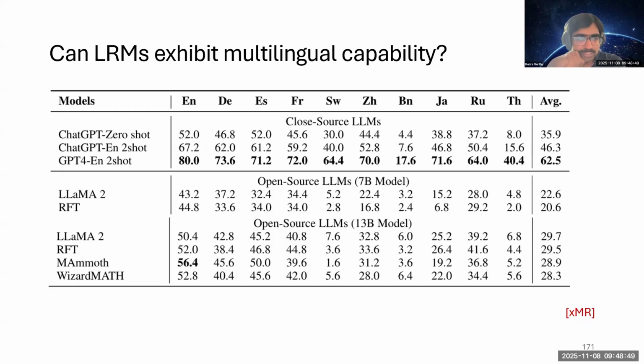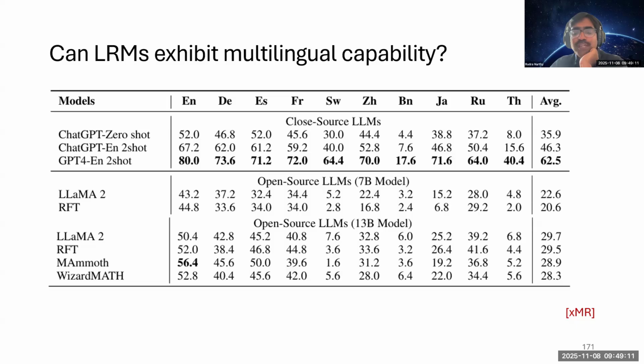Now, if you look at this table, you have frontier models like ChatGPT, GPT-4, etc. And if you look at their performance on English and compare their performance to other languages, say, for example, German or Spanish or French, they are not very lacking in the sense the performance is not very poor. In fact, they're close to the English performance.